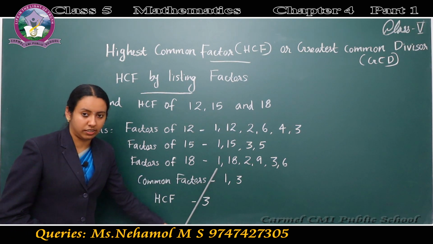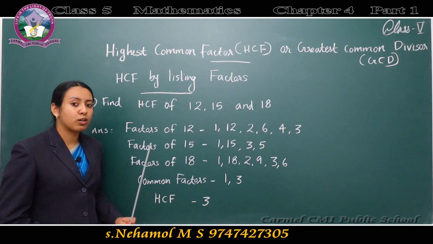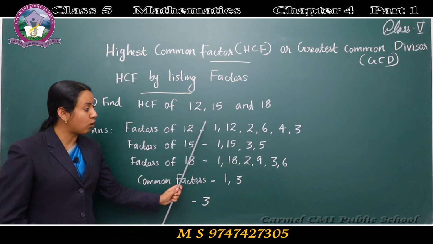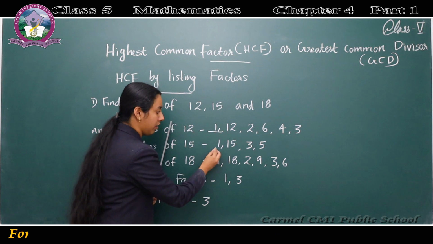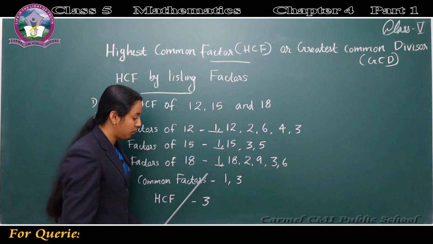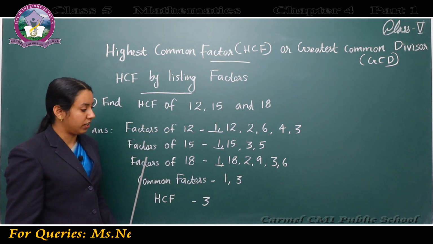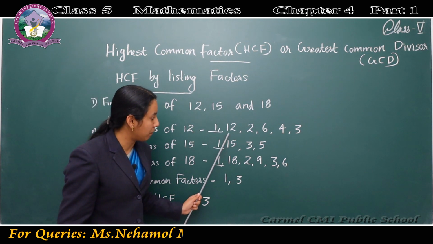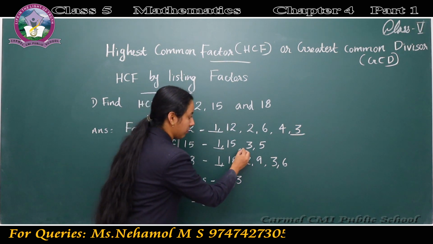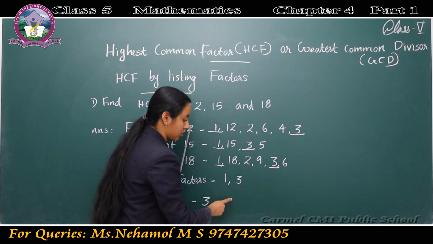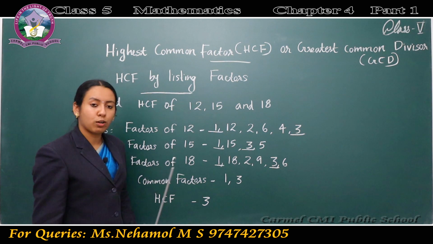So we list the factors. Now we have to find common factors. That means common in these three cases. 1 is here, 1 is here, 1 is here. So 1 is a common factor. Then which is the next common factor? Yes, it is 3. 3 is here, 3 is here, 3 is here. So 3 is also a common factor.